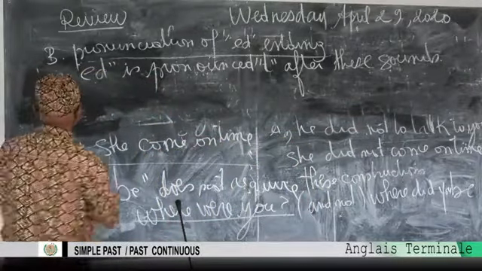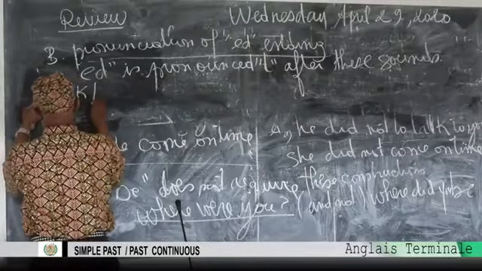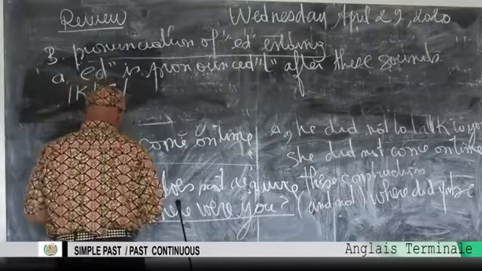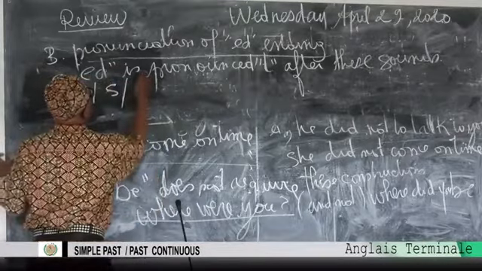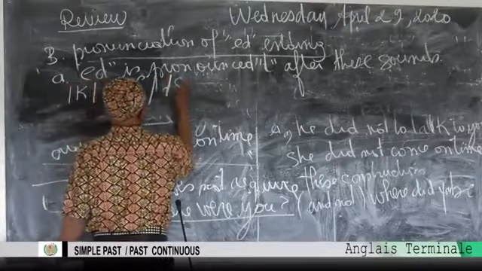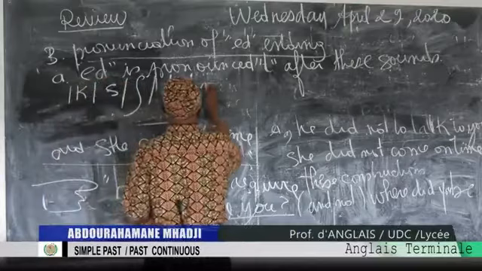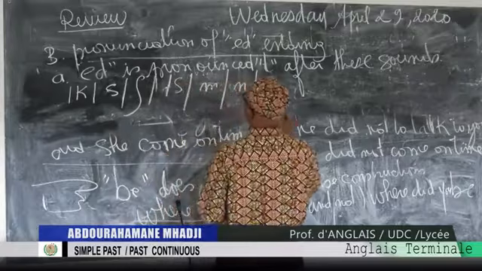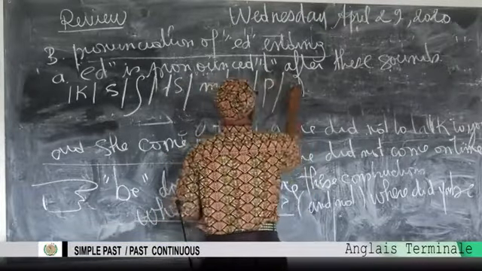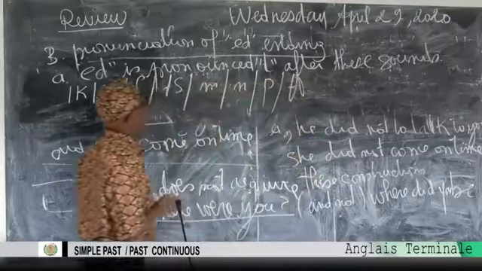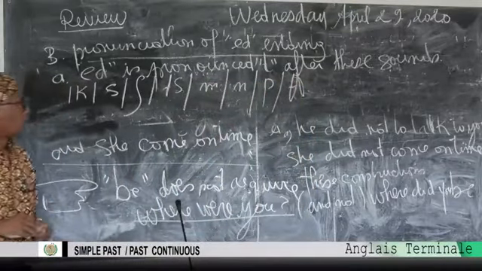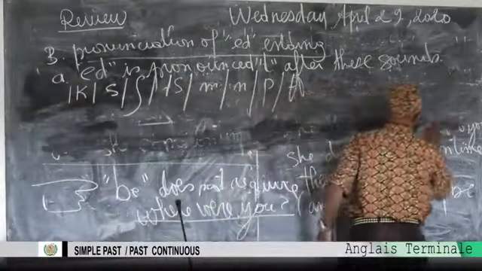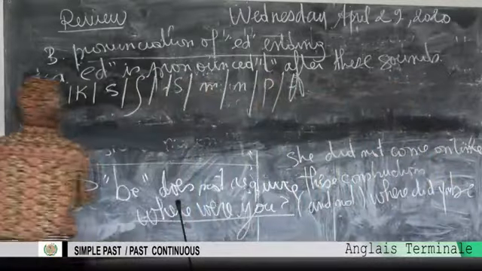They are k, s, sh, ch, m, n, p, and th. If my memory serves me right, I think that these are the sounds after which ed is pronounced t.